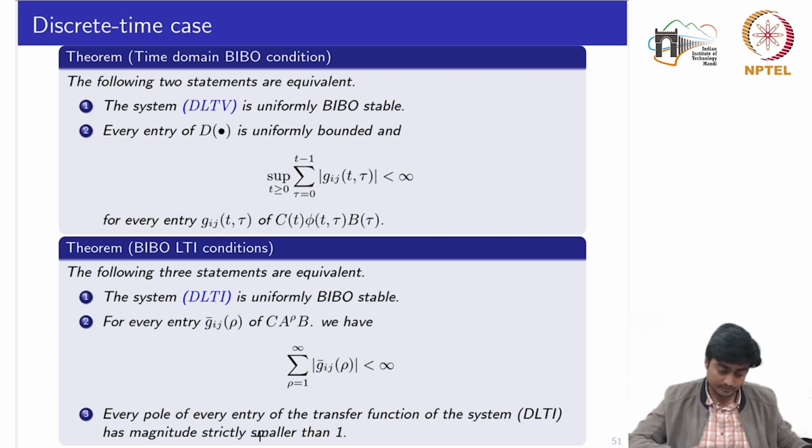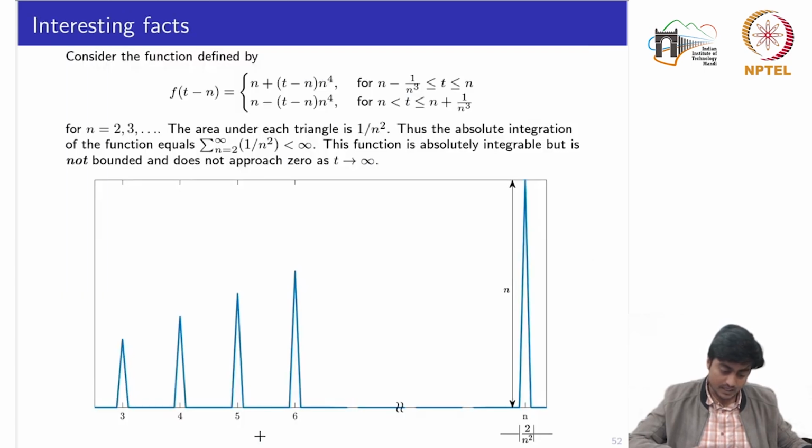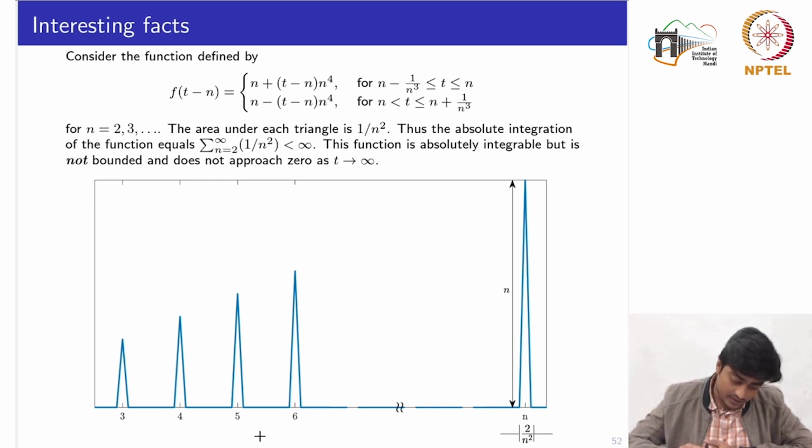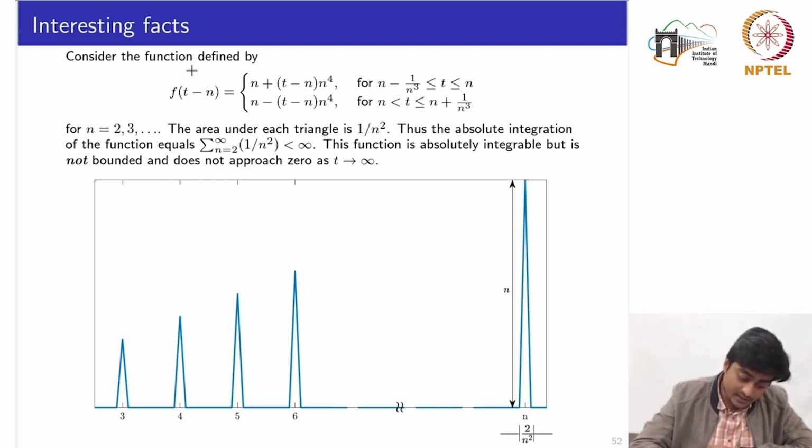So there are some interesting facts which we can see now. Consider a function which is defined by this relationship. This is a continuous time function where n is an integer starting from 2, 3 and so on. If we plot this function, this is the plot we have obtained.